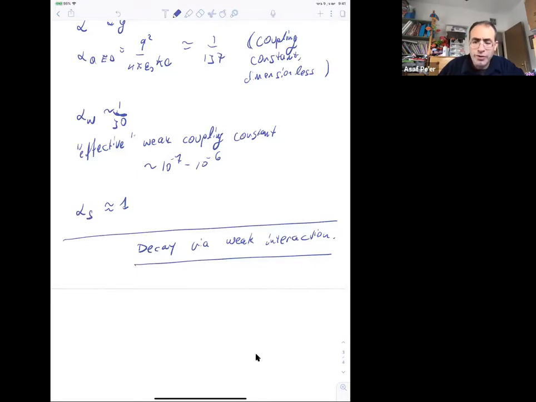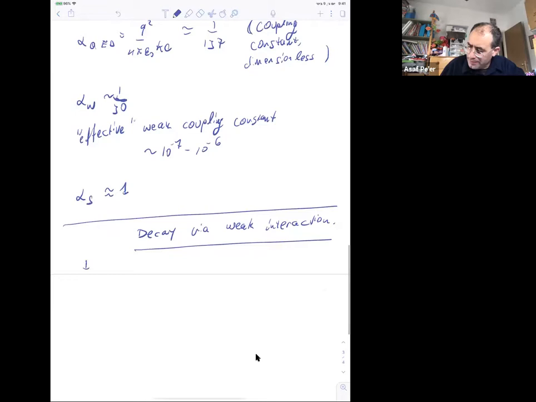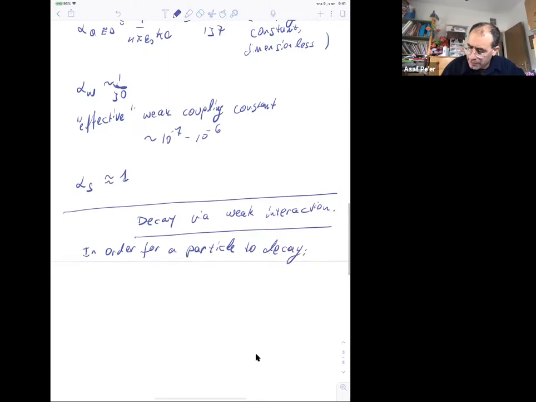Now, what are the conditions for a particle to decay? In order for a particle to decay, we must have conditions. The first is that it can decay into a final state of a lower mass, right? If it doesn't have a final state with a lower mass, it cannot decay anywhere.